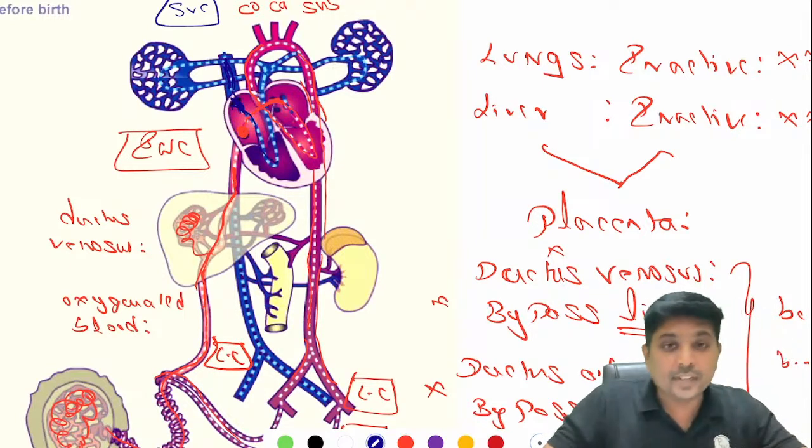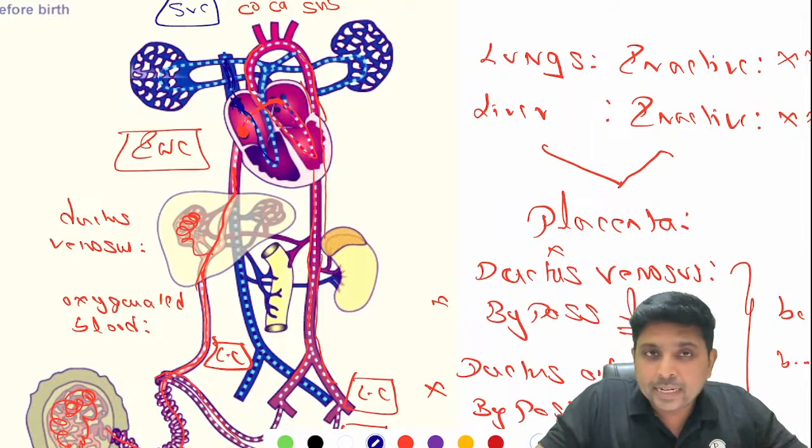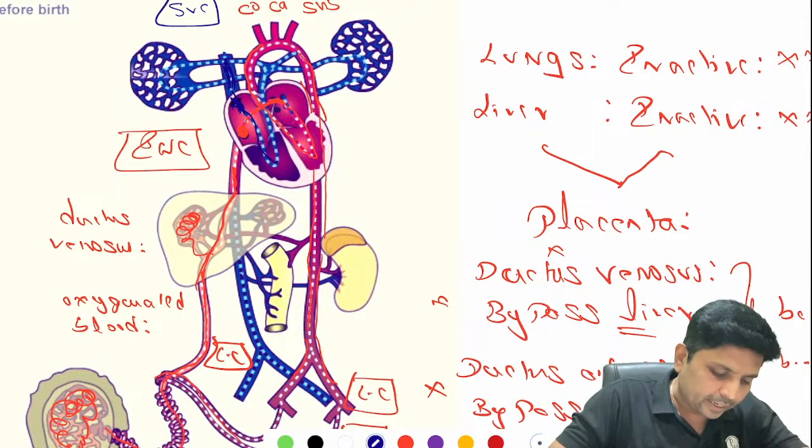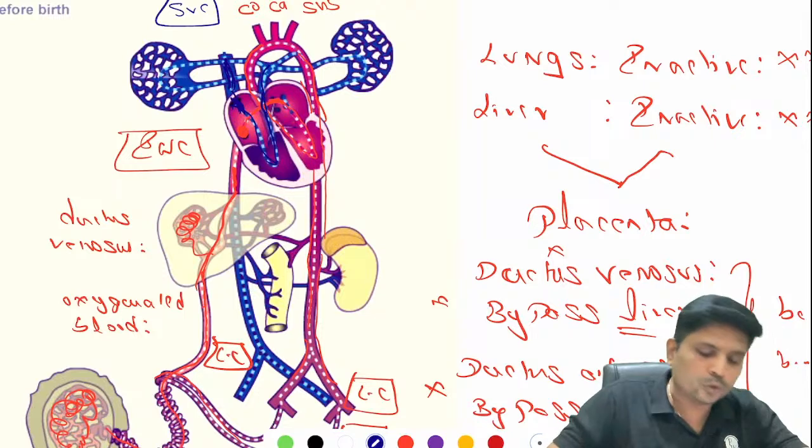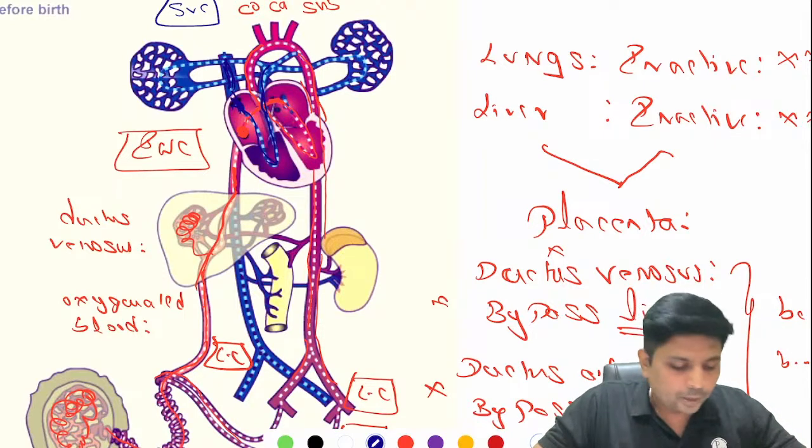From the right atrium it comes to the right ventricle, and from the right ventricle it goes out through the pulmonary artery.